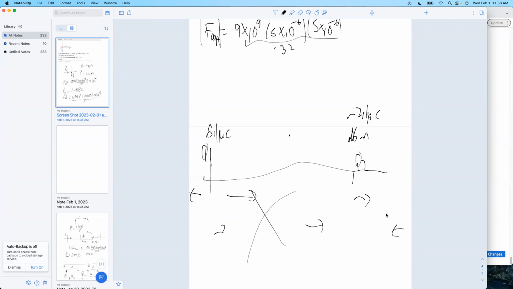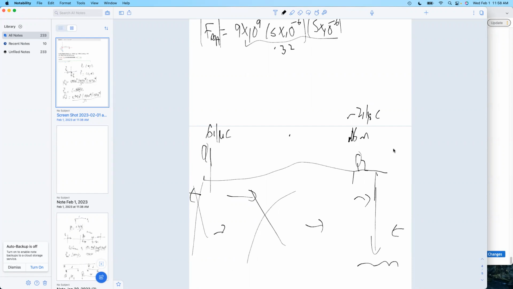Over in this region, we're closer to him, so that makes this guy big, but he's a bigger charge, so that makes this guy big. The answer is going to be over here somewhere in this region. Because if you're over here, you're closer to the big one, so he's going to win on both counts. Yeah, there's no way it could be here.